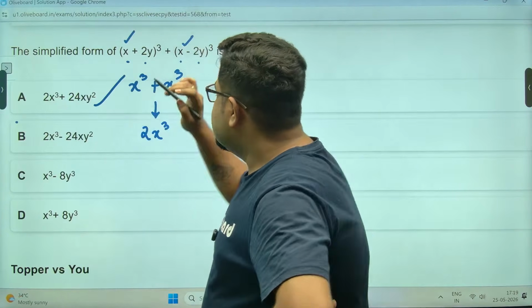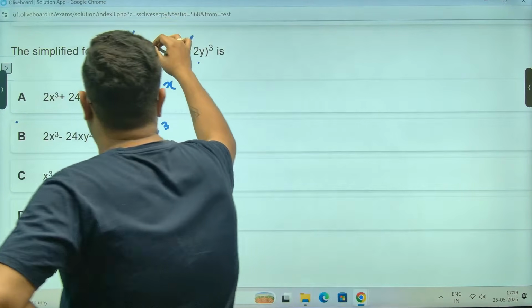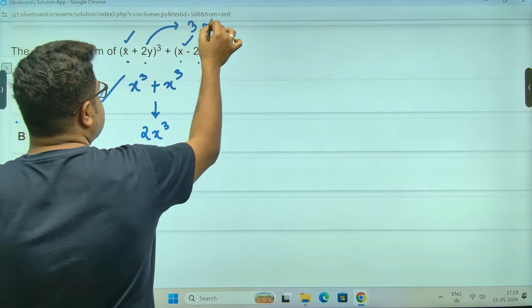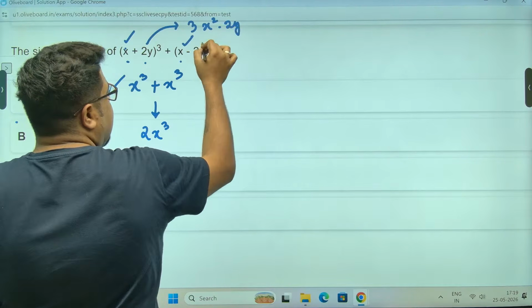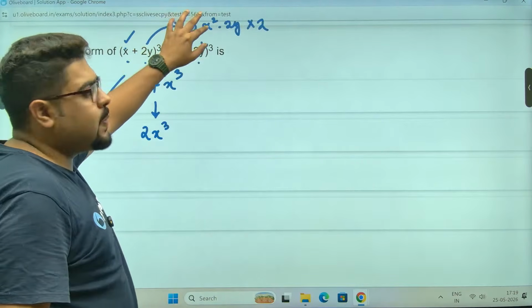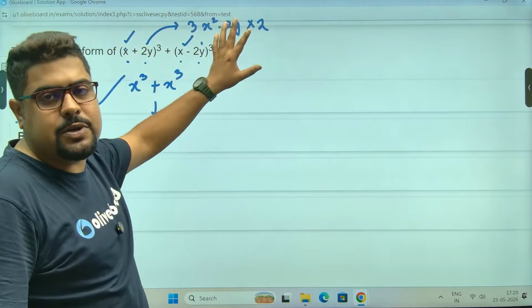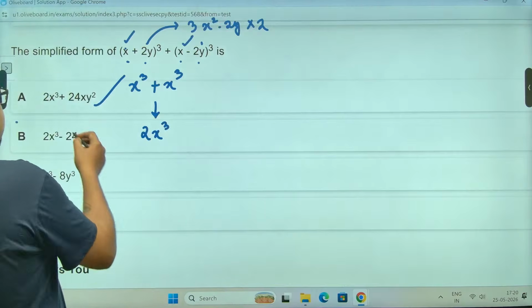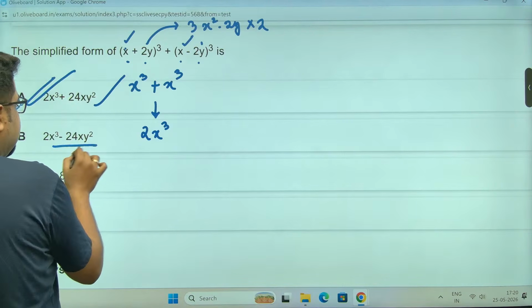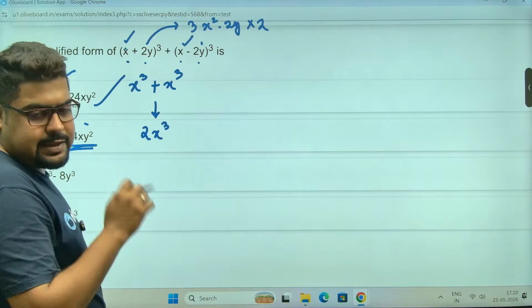And sir, in this case, 3a square b, 3a square meaning x square, b is 2y. Over here also the same thing, so twice. So the x square part will be positive, and there is only one option with plus, because the negative part will always cancel.